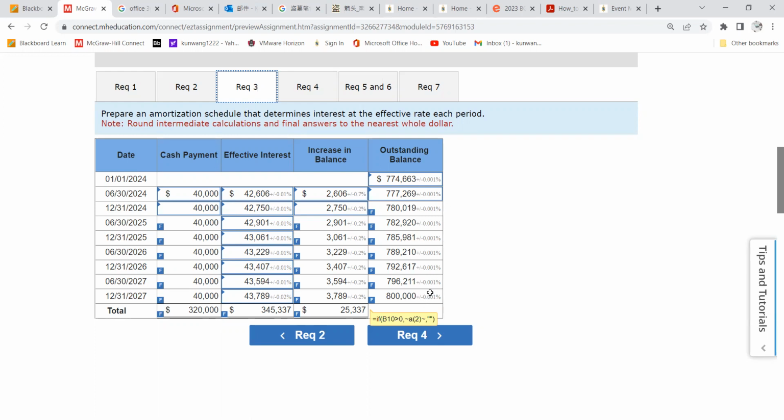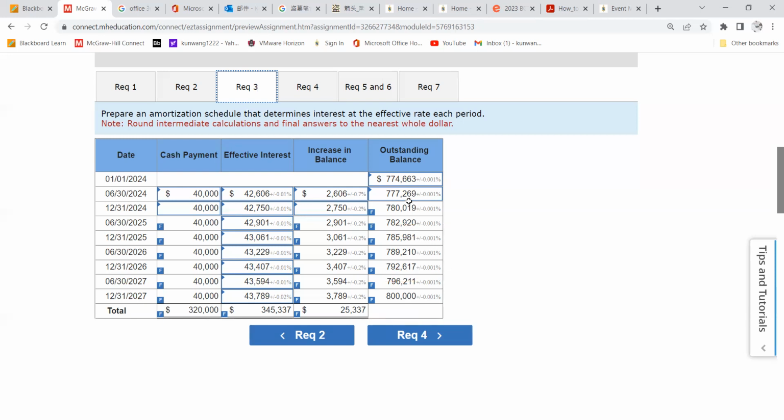Remember the trend, right? We have the trend in the slide. For discount, we start from a lower outstanding balance and gradually revert back to the face value, so from lower to higher. But if you have premium, you start from higher and gradually drop back to the face value. The trajectory is different for the premium sale and for the discount sale.